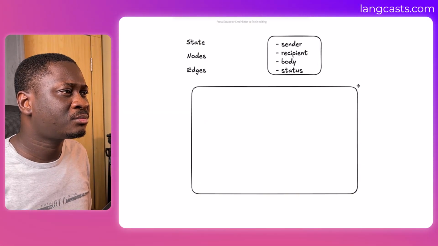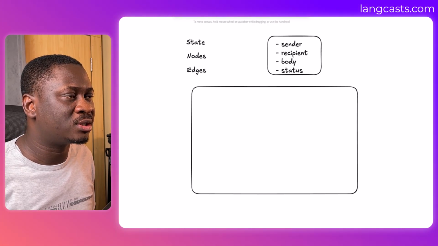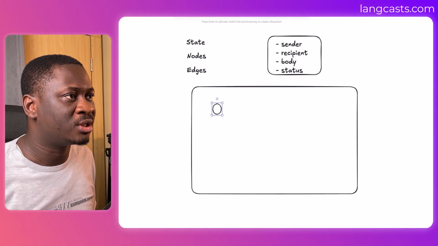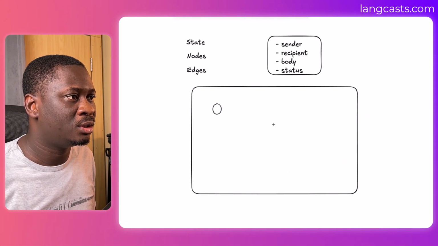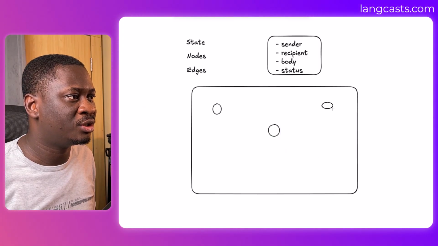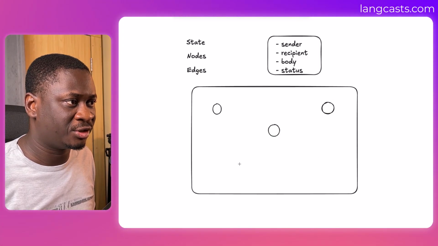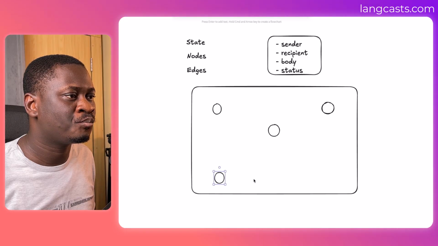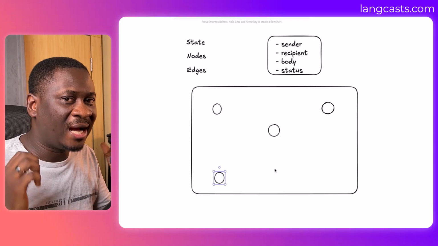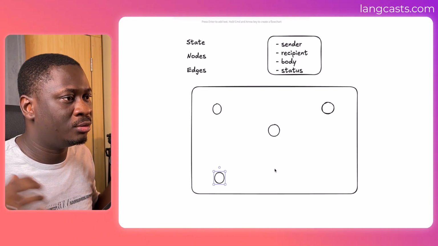That's the state. Then we have nodes. I'm just going to get some circles here. You might be wondering why I'm drawing circles, but don't worry, you will know very soon. Now, what are nodes? Nodes are basically the action takers in your AI agent.